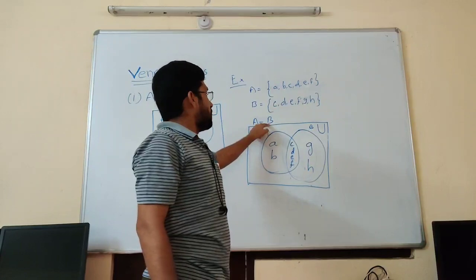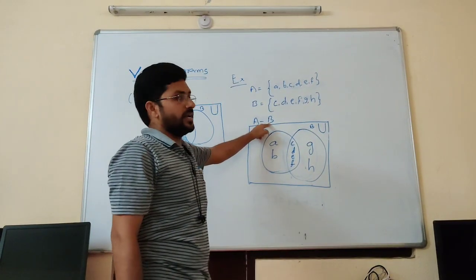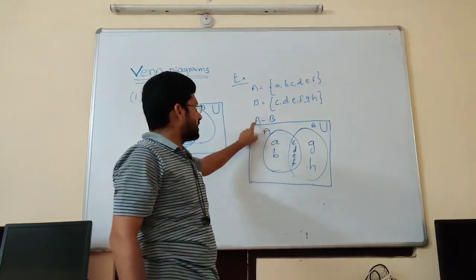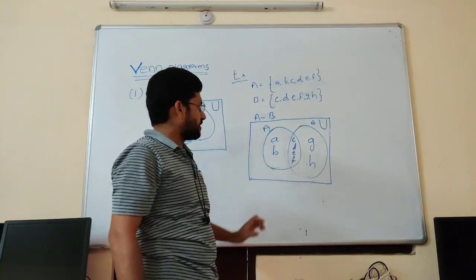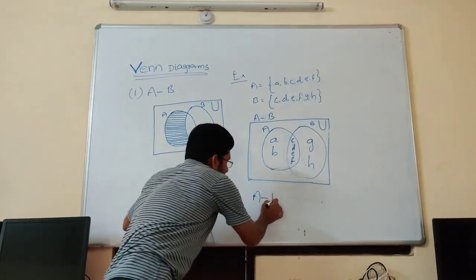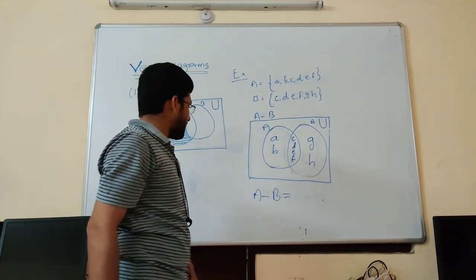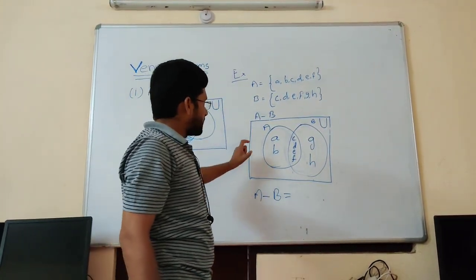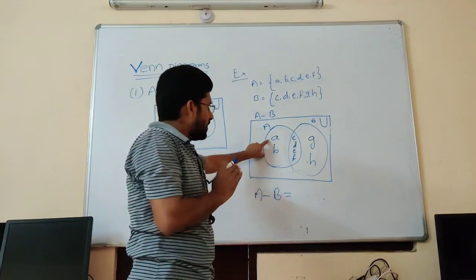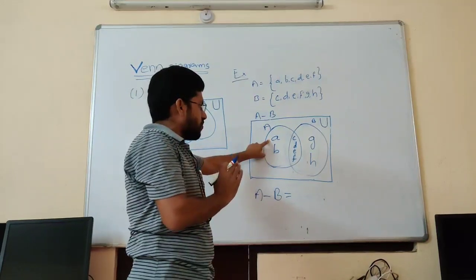Now our concept is A minus B. That means the elements which are repeated in both sets, we have to avoid those elements, and the balance elements of set A we have to write. That is A minus B. So we can write now A minus B is equal to, which are the elements of A. So you take only the remaining part of A where A and B are overlapping.